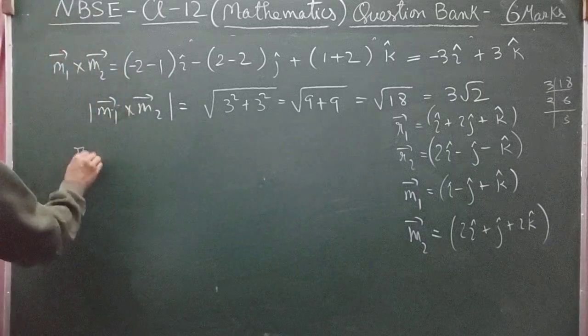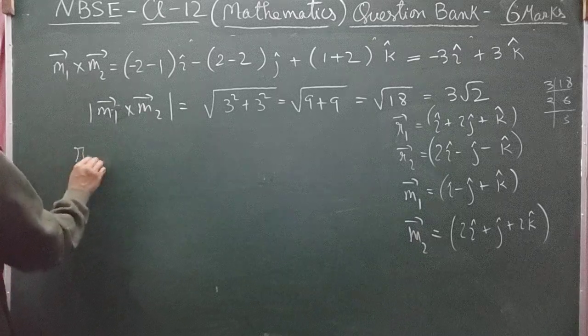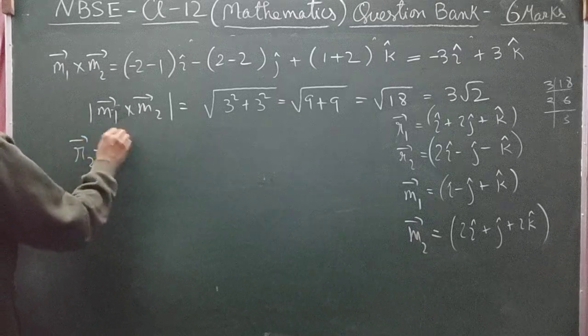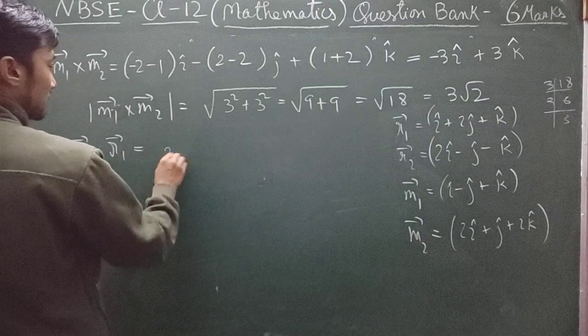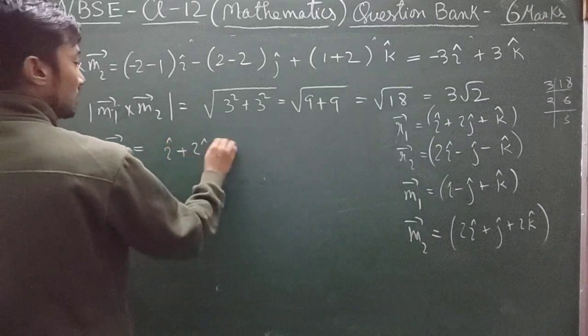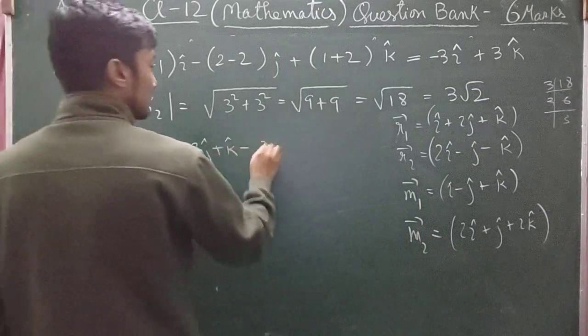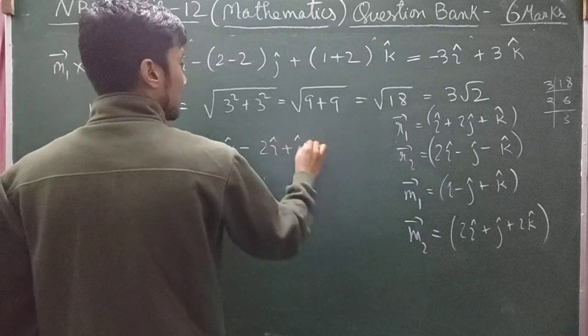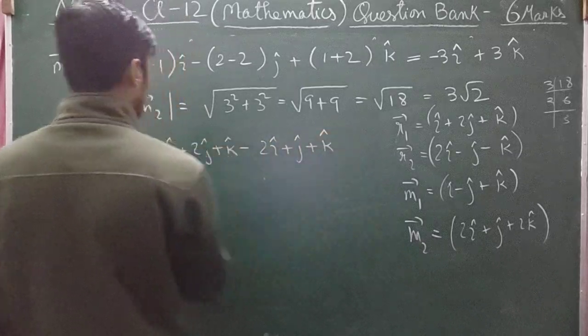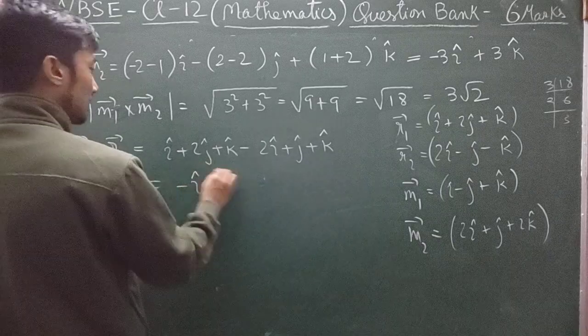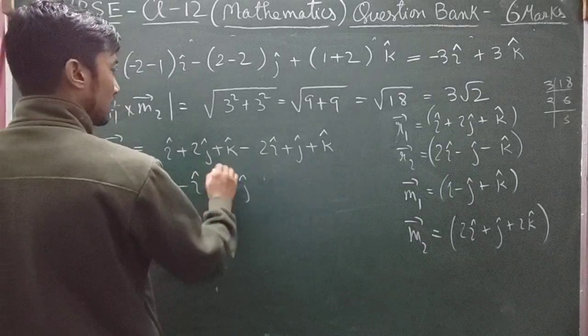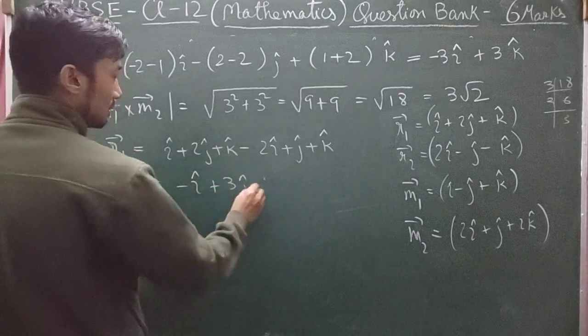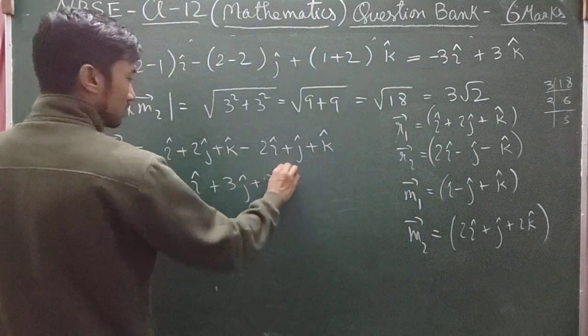Next, r2 vector minus r1 vector. So that's like i plus 2j plus k minus 2i plus j plus k, minus minus plus, no? So that's like minus i plus 3j plus 2k.